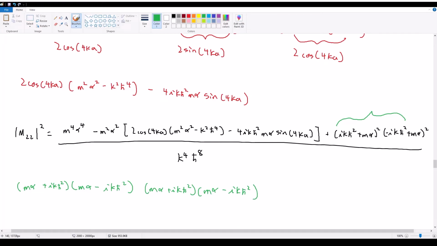So immediately, these are just complex conjugate multiplications. So this becomes m squared alpha squared plus k squared h bar fourth times m squared alpha squared plus k squared h bar fourth.